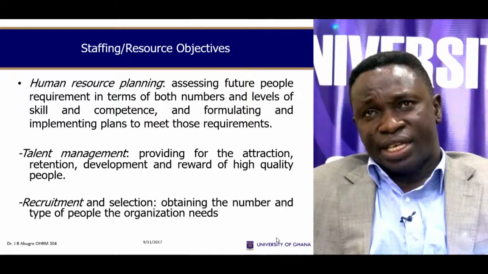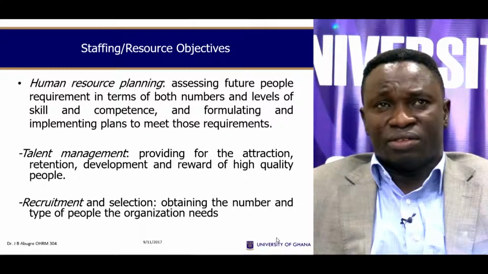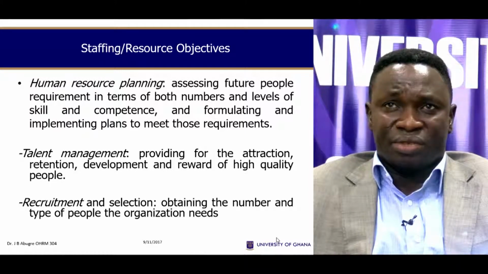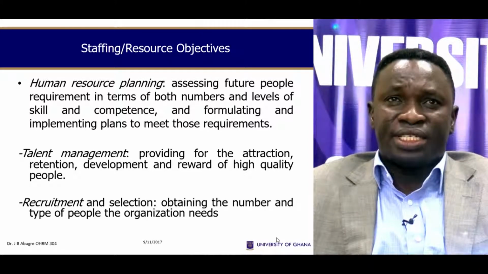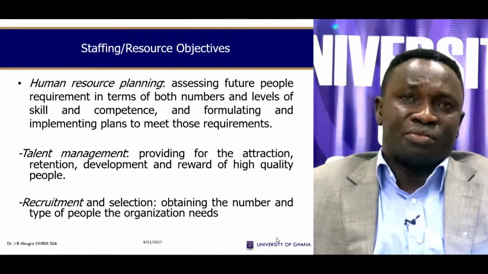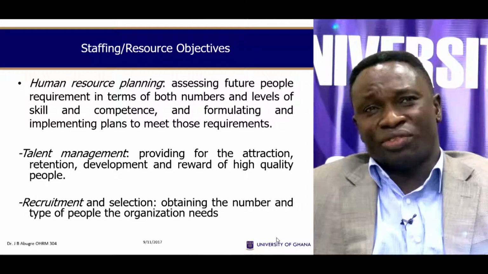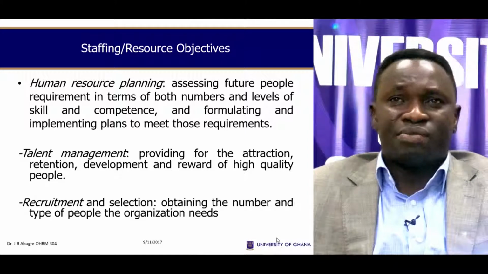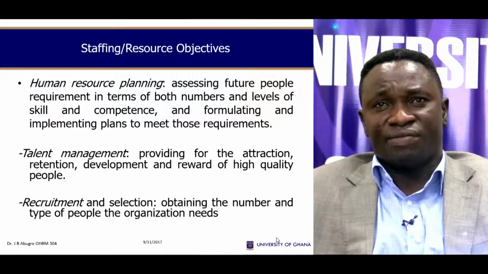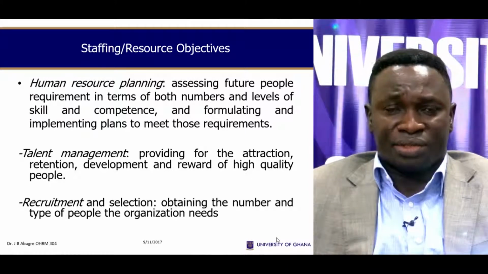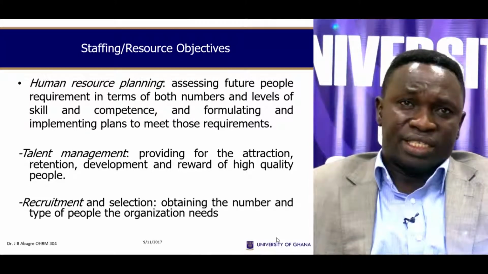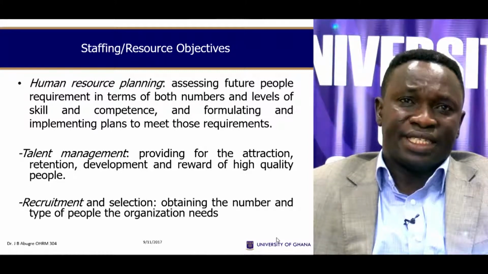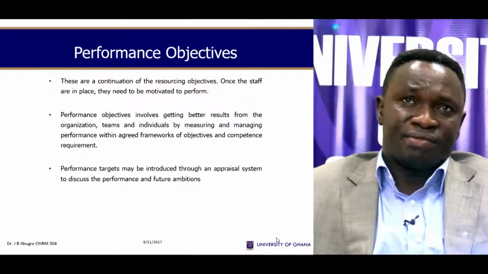It is the assessment of the future people requirements in terms of both numbers and levels of skills and competencies, and also formulating and implementing plans to meet those requirements. That is the people needs of the organization. It also deals with talent management, which means providing for the attraction, retention, development, and rewarding of high quality people. Additionally, it deals with the recruitment and selection of people, which means obtaining the number and type of people the organization needs.